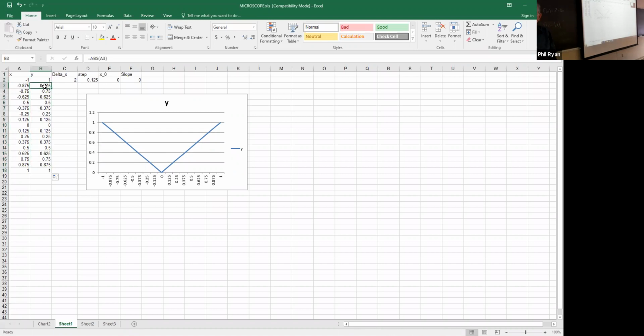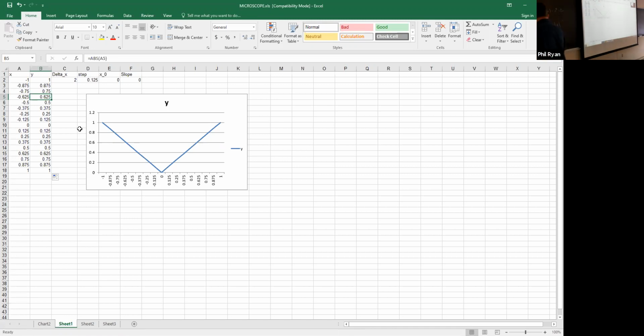So here is absolute of A3, A4, A5. When you drag down, it automatically updates what the address is going to be. So this is just a shortcut way of being able to copy and paste things. Okay, and so here is our function, absolute value of x at 0. And has everyone seen this before? This is what you expected.